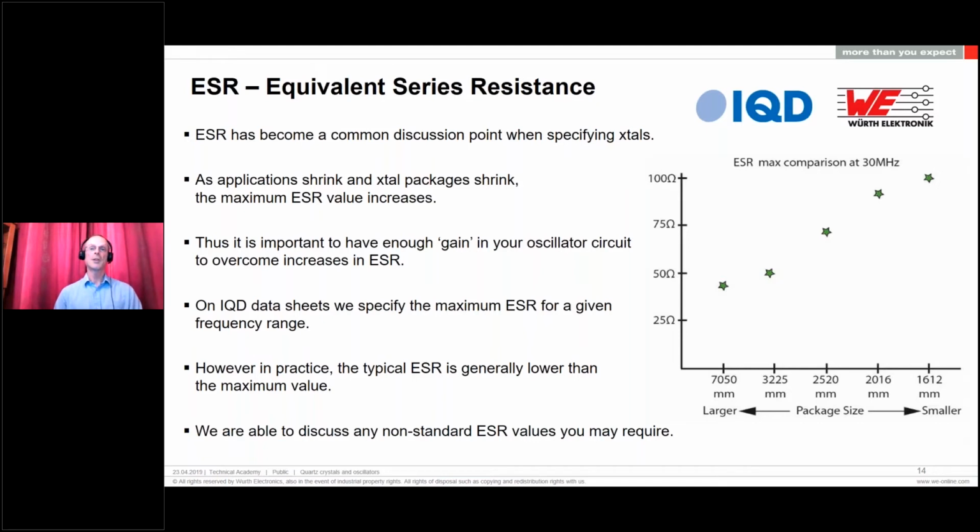So as you can see, if you need to change crystal type and reduce the package size, you need to make sure that your oscillator circuit has enough gain to overcome increases in ESR, and that's particularly important. Sometimes it becomes a problem if you just try and do a complete shrink of everything, the circuit doesn't work how you think, so please check this.